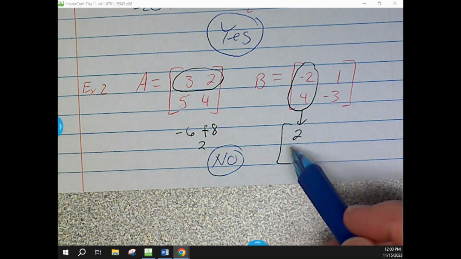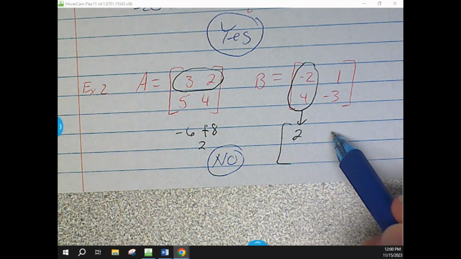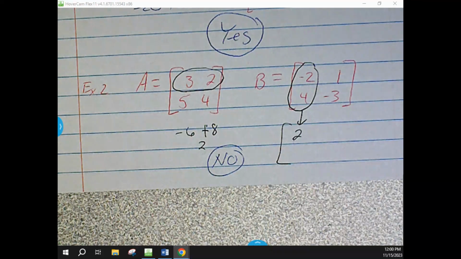So if this number is not a 1 and this number is not a 0, so if we'd done this and this had been a 1 and this came out to be like 2 or 3 or 5 or 7, some other number, if it's not 1, 0 to start off with, then if those numbers don't match up, you just stop and say, nope, it's not going to be there.